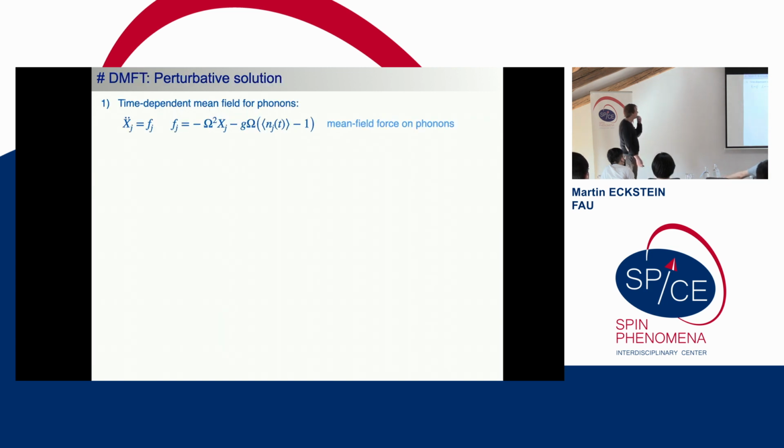So, if you want to study the dynamics, one thing you could do is decouple the electrons and phonons and use a semi-classical description. So I have the classical equation of motion for the phonons at each site, where the force is the restoring force of the phonon plus the force coming from the electronic density to which the phonons couple.